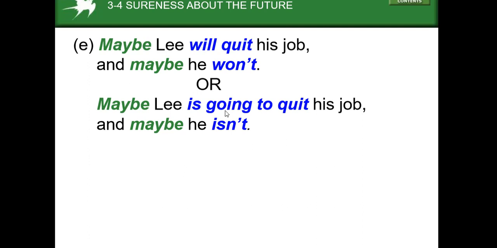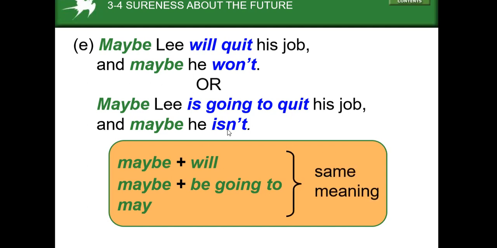Maybe Lee is going to quit his job, and maybe he isn't. So they have the same meaning, people, okay? Maybe plus will, or maybe plus be going to, have the same meaning.